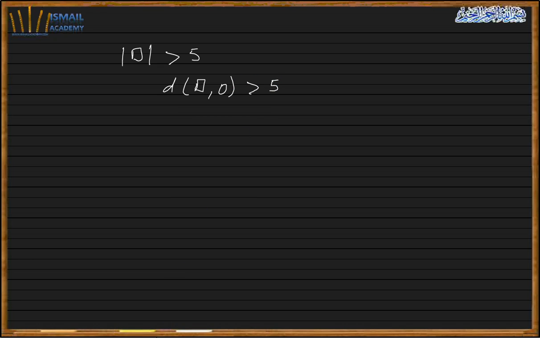I don't know whether I am talking about the right or the left, so that means I have two locations that are from 0 by 5 units. I will name them again, like B and A, or U and V, whatever you choose. This one is far from 0 by 5, and this one is far from 0 by 5.